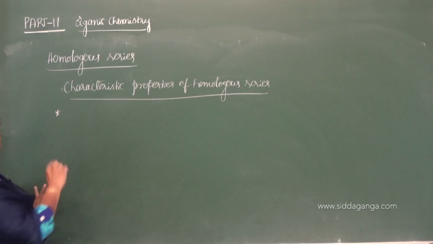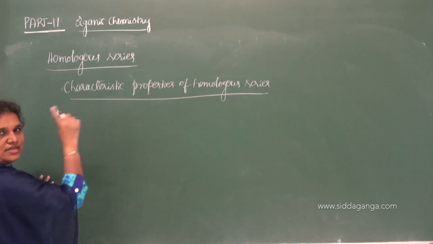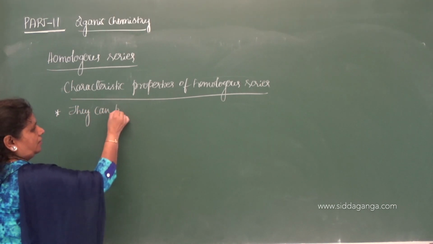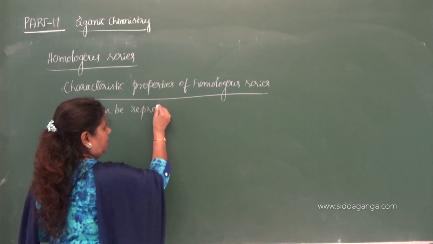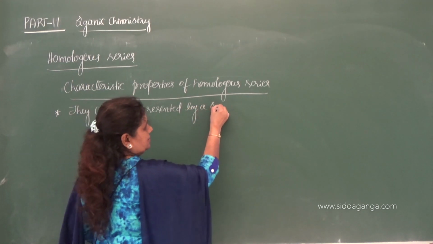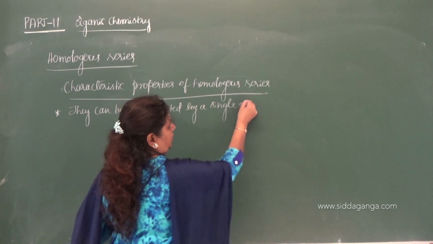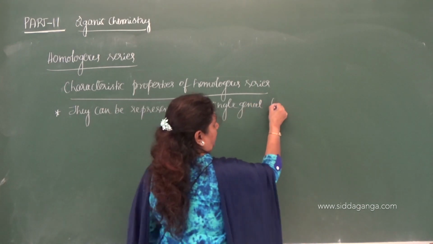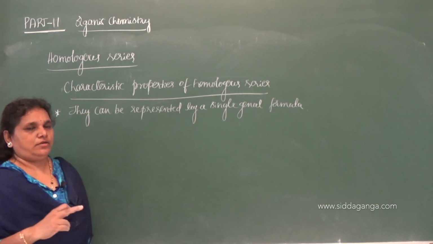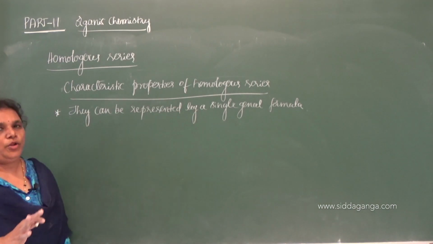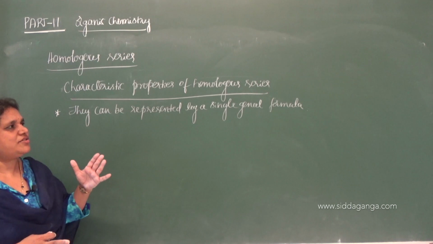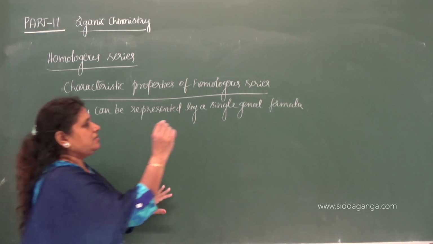all the members of a series can be represented by a single general formula. So this is the first characteristic property of homologous series: all the members in a series can be represented by a single general formula.